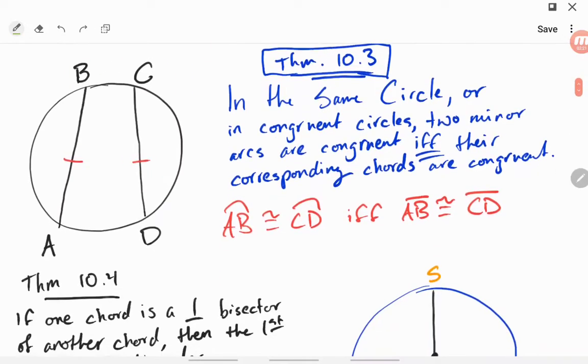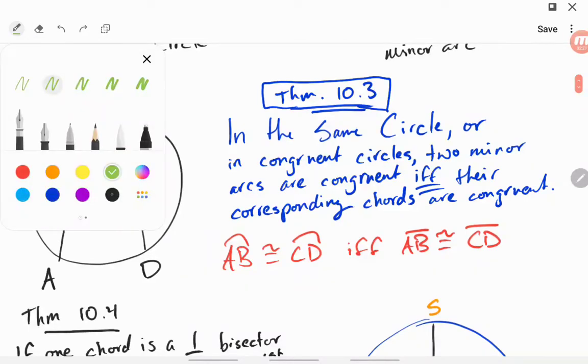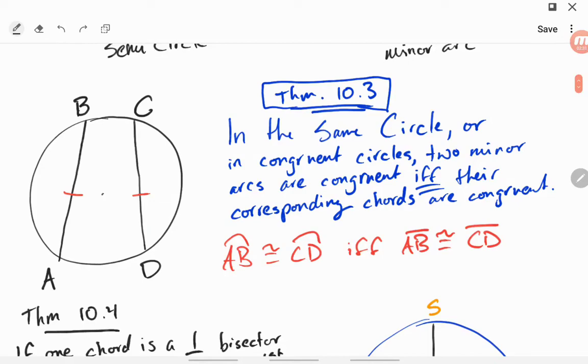All right, so we're going to use that information to move on into some theorems here. Okay, so I've got Theorem 10.3 written out for us, and it reads, if we've got a circle, and we could name this circle P. So in the same circle P, or we could have two congruent circles, and congruent circles are just circles that have a common radius or a congruent radius.